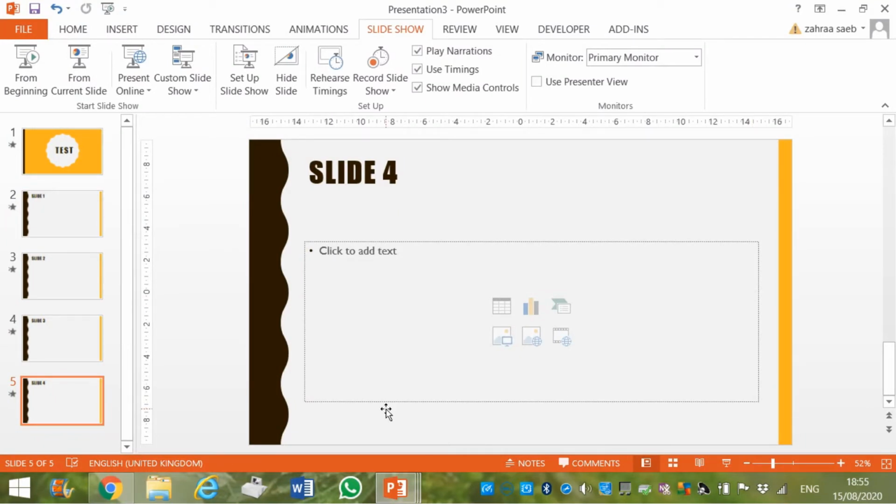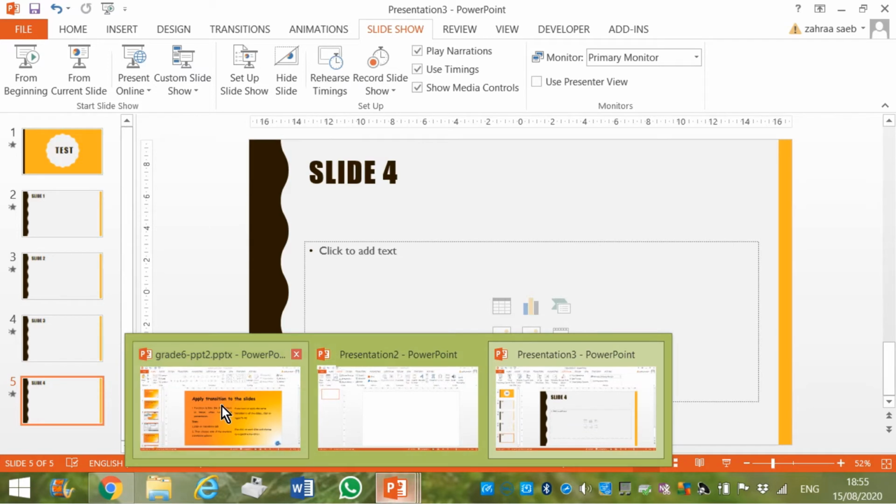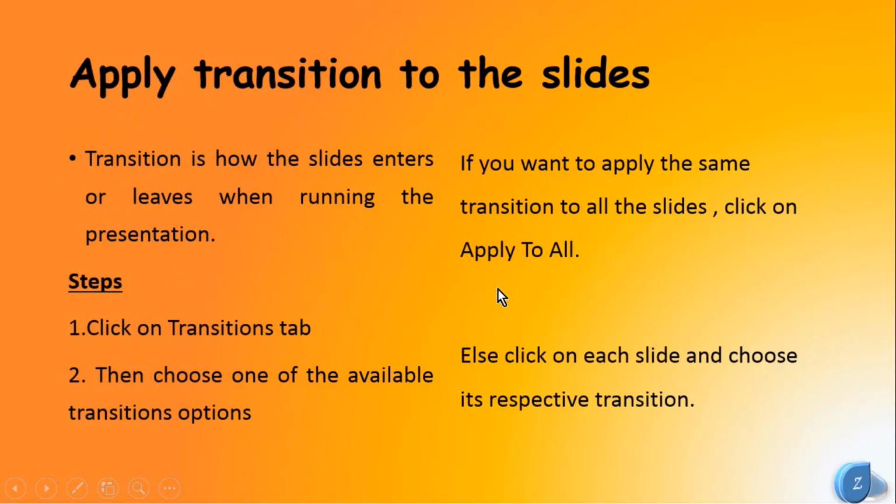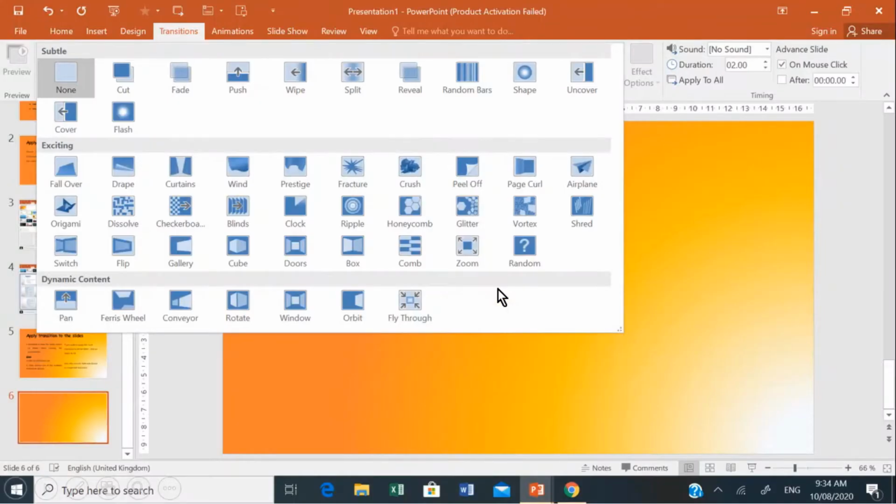Now you have seen the transitions. We will continue. These are the models or the list of available transitions. You can choose one of them to apply to your presentation.